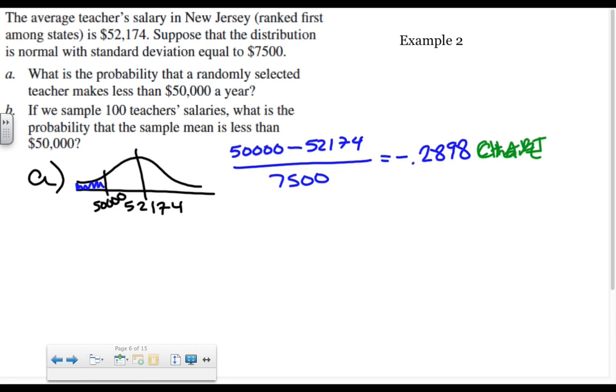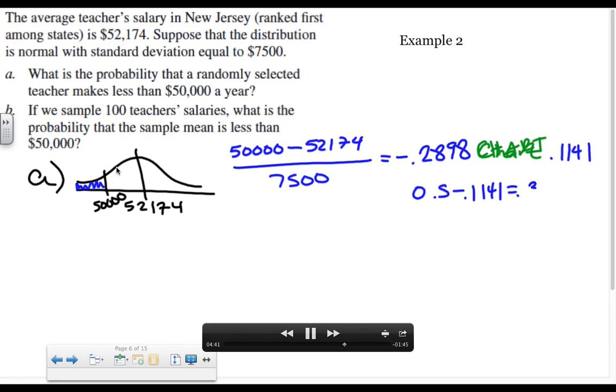I'm sorry, I did this a while ago, and I was having issues with the pen. So 0.1141, but I have to subtract that from 0.5 because I'm looking for the tail, not in between here, and I get 0.3859. So there's a 38.59% chance that a teacher will have a salary of less than 50,000.